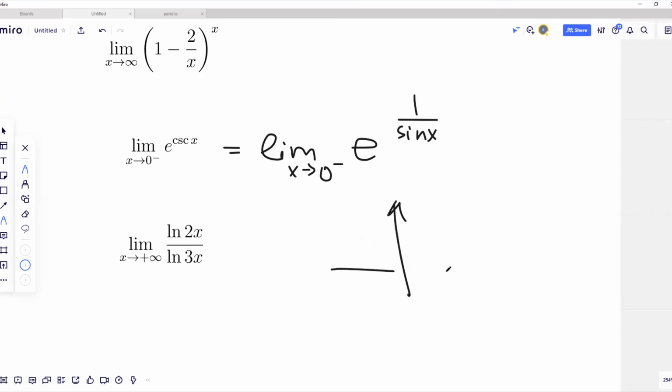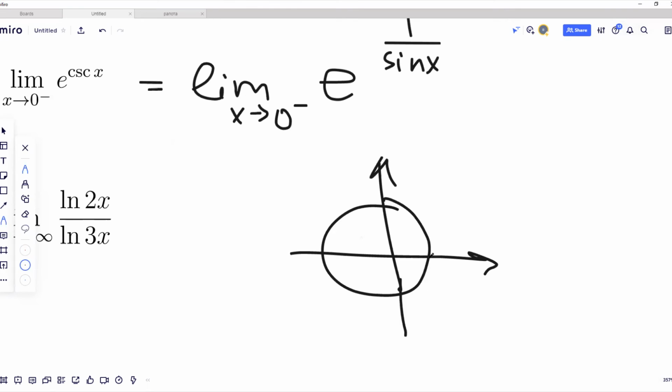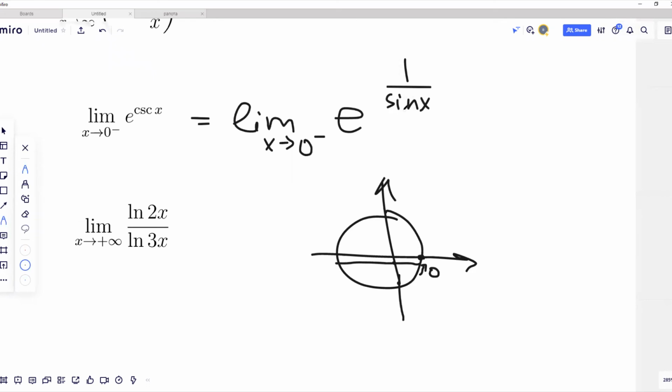Let's draw a unit circle to help us out. As x is approaching 0 from the negative side, the value of sine of x is going to be some small negative number. 1 over some small negative number is going to give us minus infinity. Right, so we have e to the power of minus infinity. So this is 0.